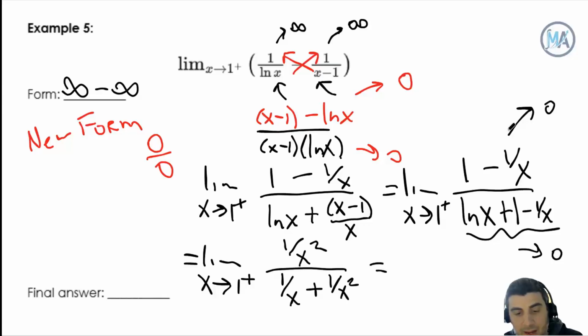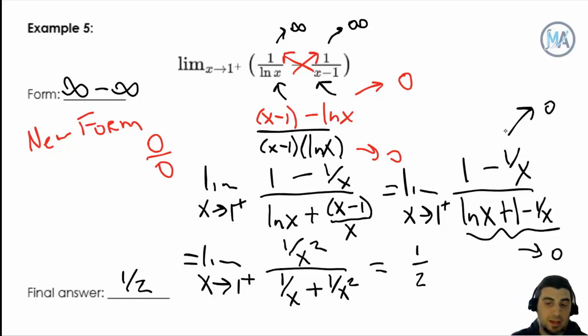Now, if you take the limit as x approaches 1 from the right, the numerator is 1, denominator is 2, so that's 1/2. Now, be careful here. You don't have to exponentiate here. I know the first couple examples we did because we had to take the natural log, but this strategy is different, so we don't have to exponentiate our final answer. Our final answer is just 1/2.